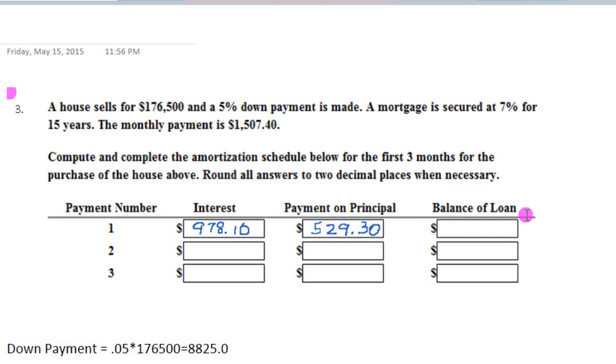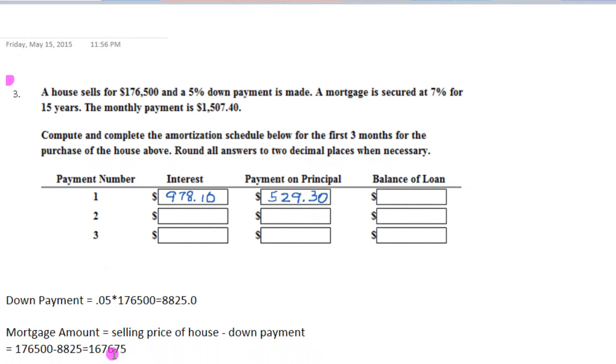Okay, so then what's left on the balance on the loan? Well, only $529.30 was paid towards the principal. Remember the mortgage amount was $167,675. So the balance of the loan would be that amount minus this payment on principal, and that tells you how much is still owing on the principal of the loan after the first monthly payment.